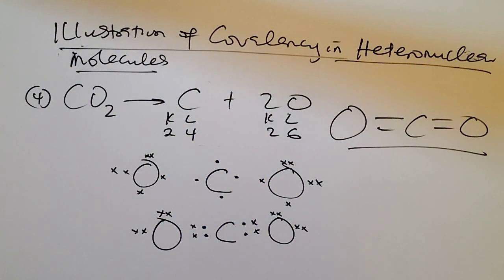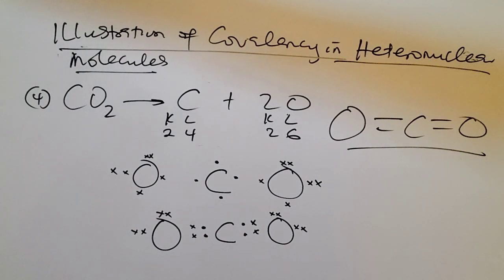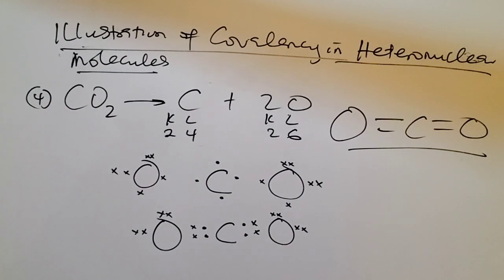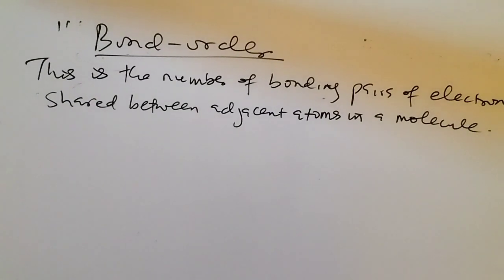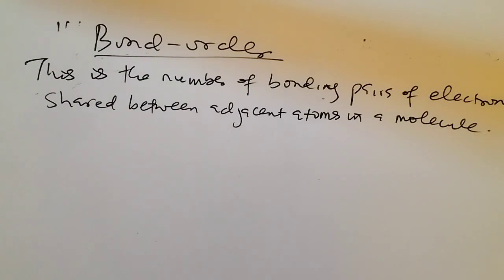So having done that, we are now going to look at what is meant by bond order. Bond order refers to the number of bonding pairs of electrons shared between adjacent atoms in a molecule. For example, look at chlorine.